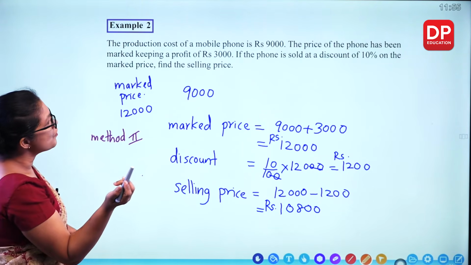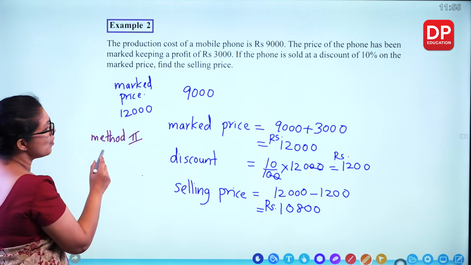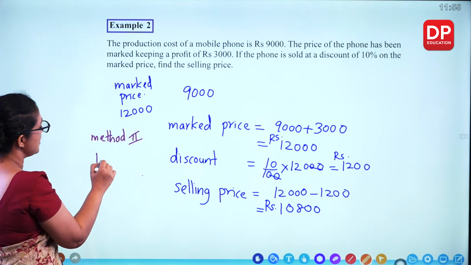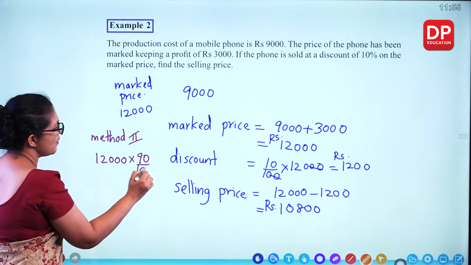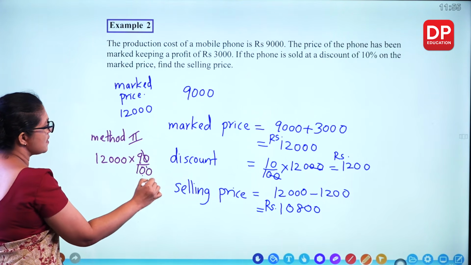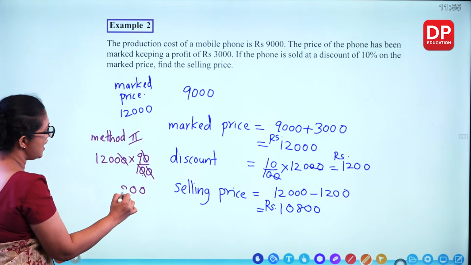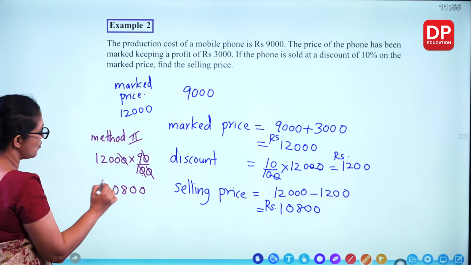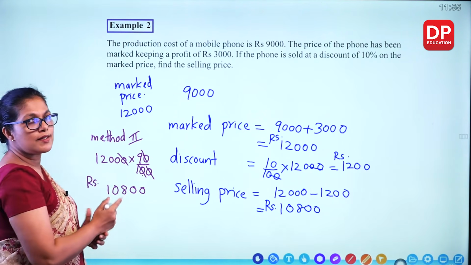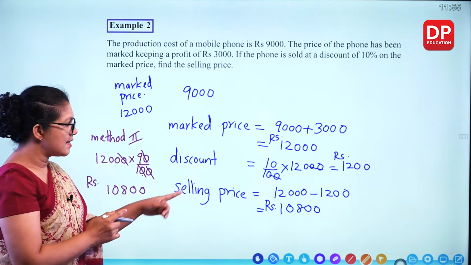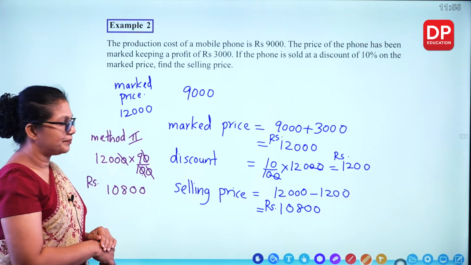So you can straight away multiply by 90%. So marked price is 12,000 into 90% of that value. 0 and 9 times 0, 0. 9 times 2, 18 and 10. So you can straight away find out the value using this method. So this method is easier than finding the discount and then subtracting the value.